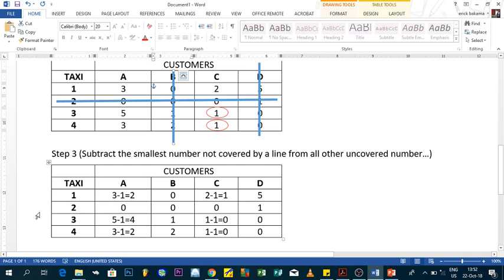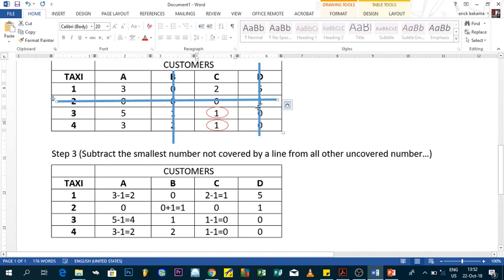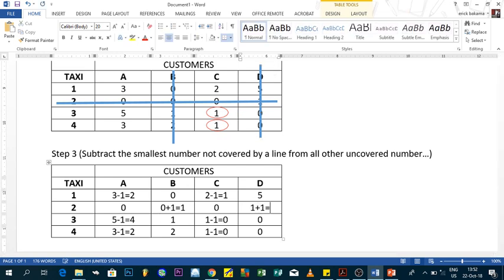So we go to B2, we get 0 plus 1, and then we get a 1. And we go back to the other one, D2: 1 plus 1, which gives you 2. So we got a table.